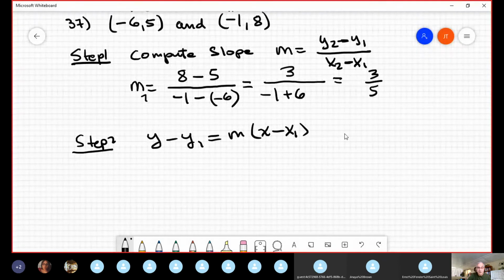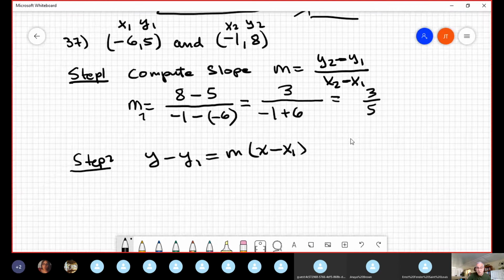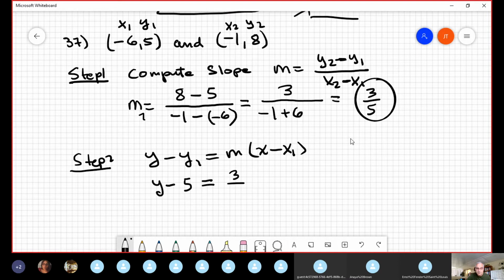Now I substitute the given point I select. Suppose I select number one. I like number one. However, another student may select number two, and the answer is the same. The formula doesn't change. Y is a variable, y1 is 5, the slope is exactly the value I computed before, 3 over 5, parenthesis x minus minus, and this minus together is positive.